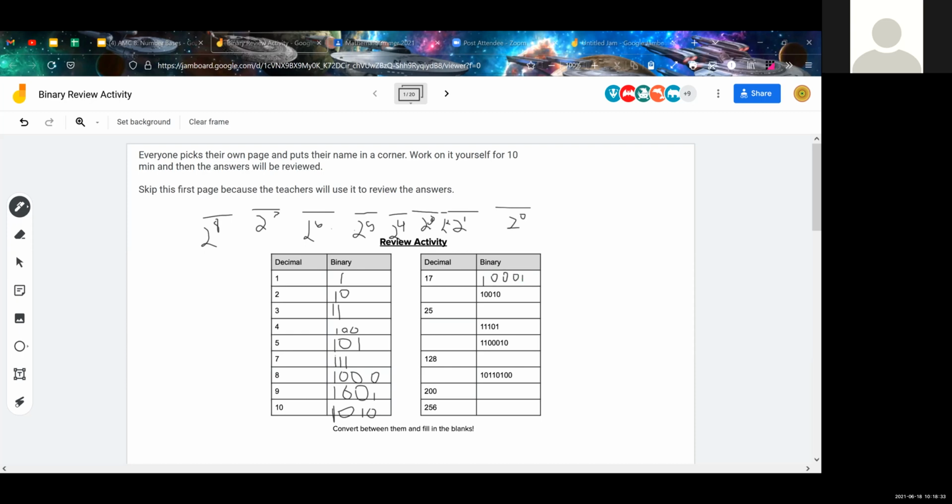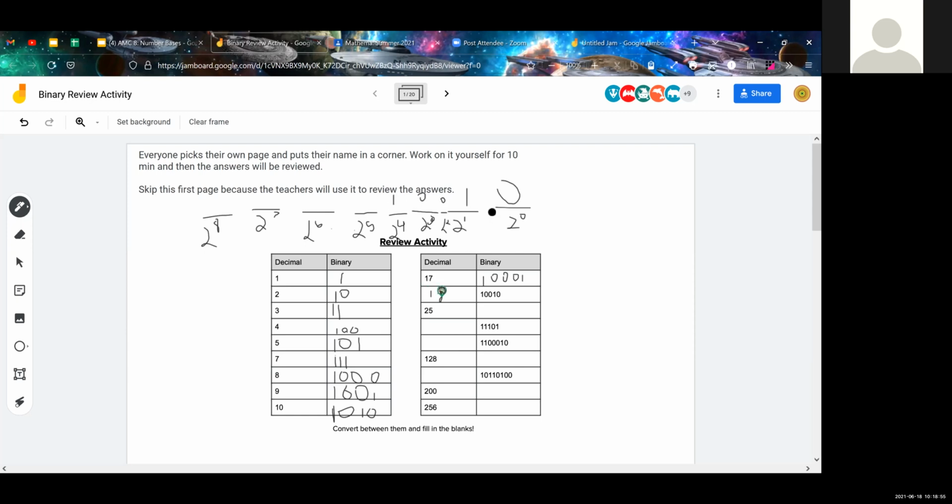Next, binary 1, 0, 0, 1, 0 is 16 plus 2, so that's just 18.